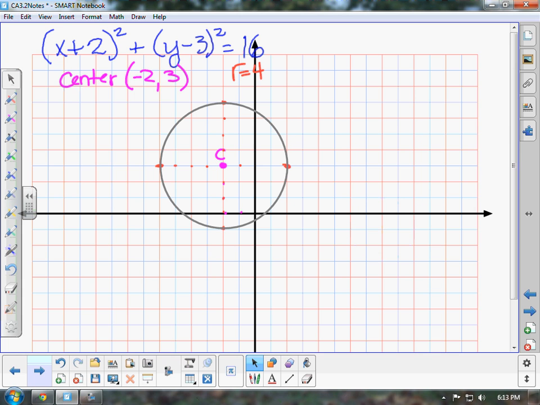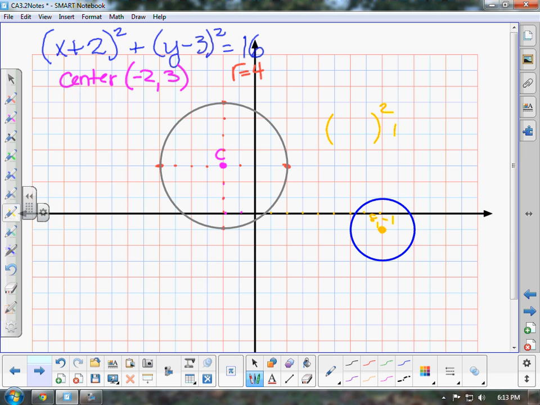Now, you will also get a problem where you have a circle drawn and you have to figure out the equation for it. So if we look at this, the center of our circle is here, which is 5, 6, 7, 8, comma, negative 1.